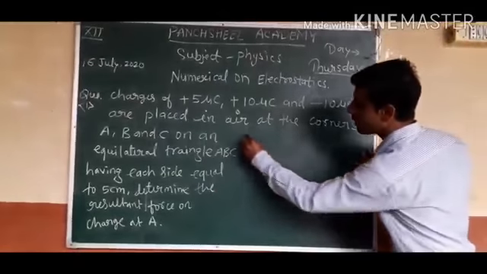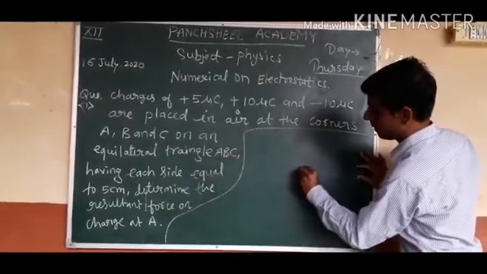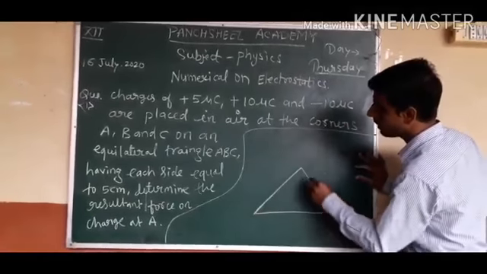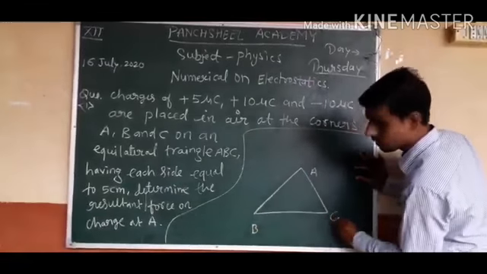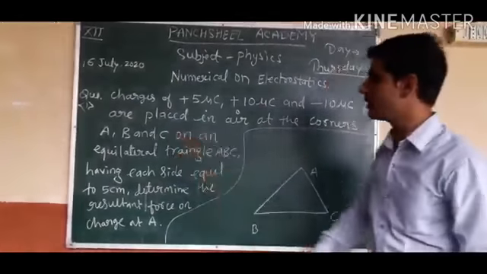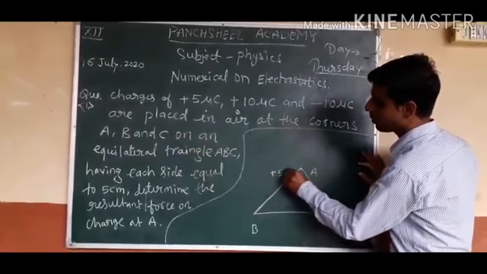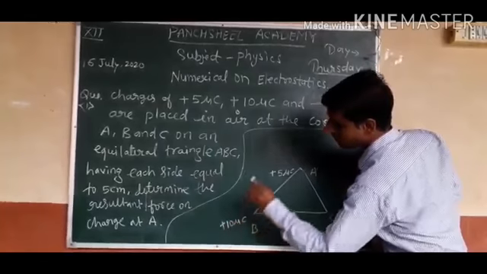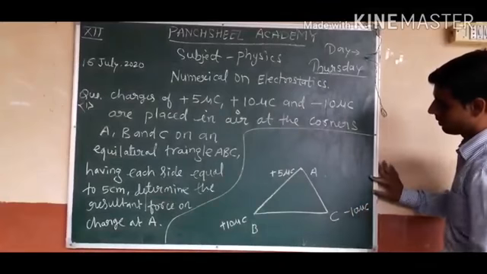So first of all, you have to draw an equilateral triangle. This is the equilateral triangle. If I write here A, B and C, then the charges are placed at the corners A, B and C. At A there is plus 5 microcoulomb, at B plus 10 microcoulomb and at C minus 10 microcoulomb.